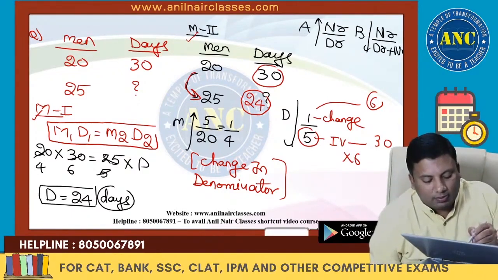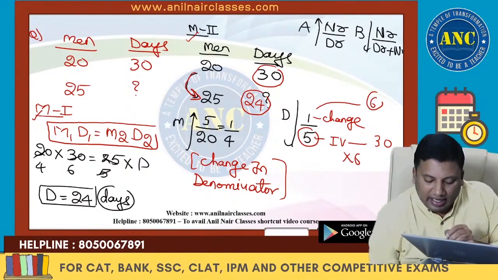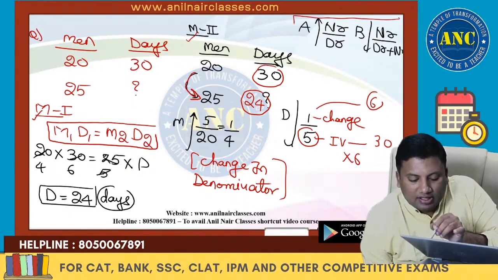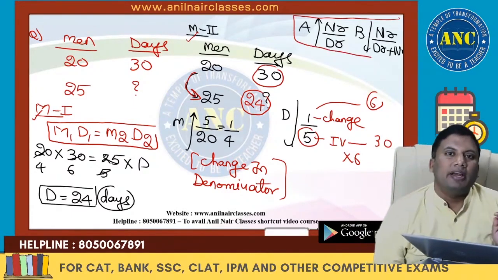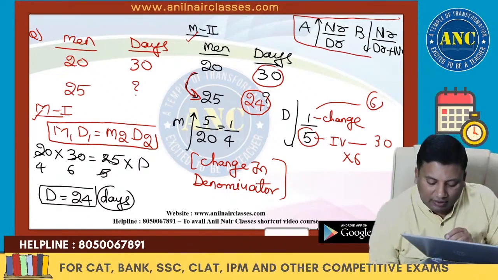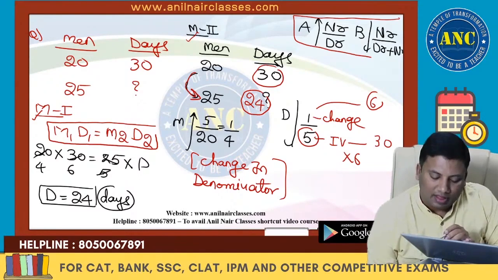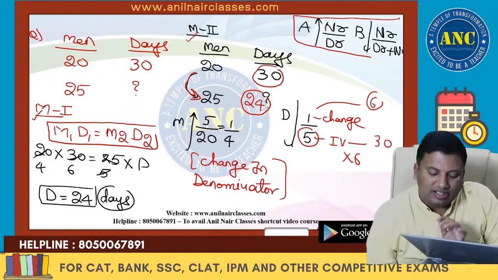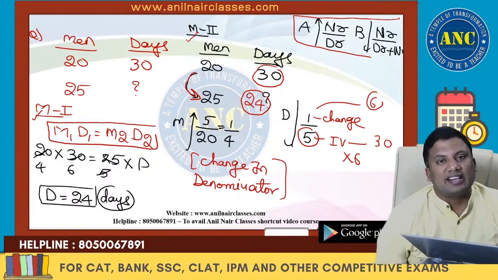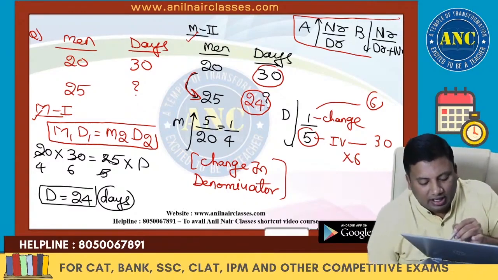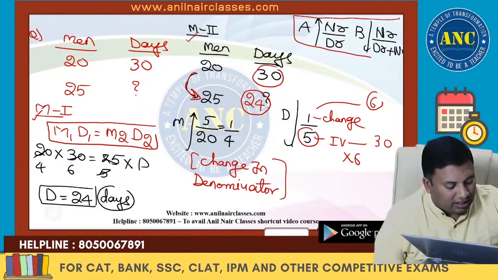Men increases by 1 by 4. Days decreases by 1 by 5. Because of this concept, the denominator is always the initial value. 5 becomes 30, 5 6s are 30, 1 6 is 6. On 36 decrease. What will be the answer? 24. This is method number 2.